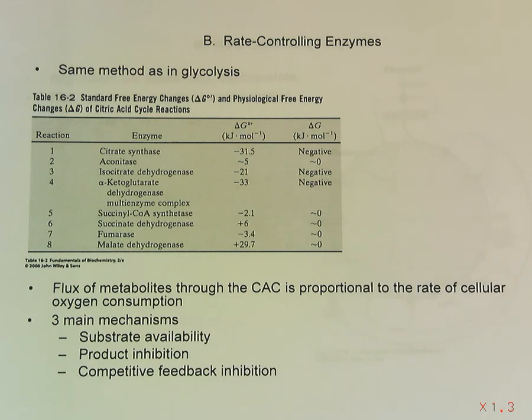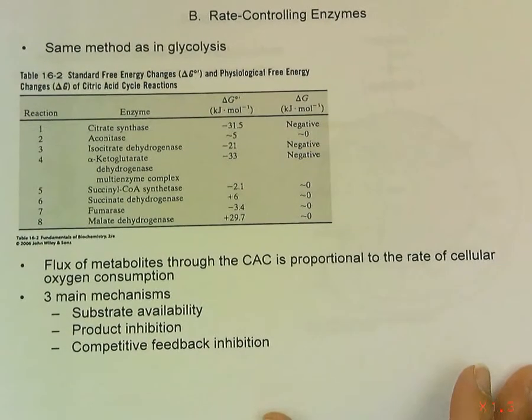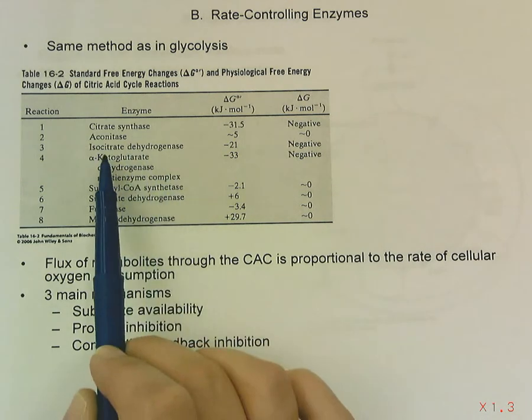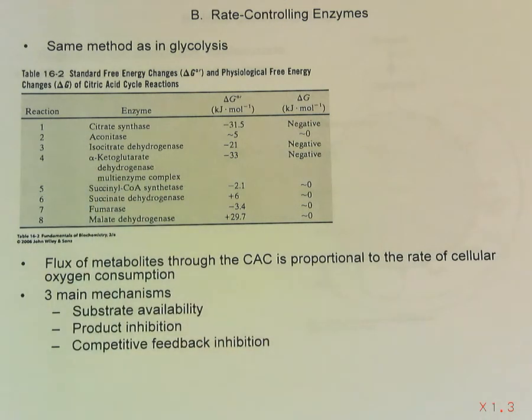In the citric acid cycle, there are really 3 possible rate determining steps. Citrate synthase, isocitrate dehydrogenase, and the alpha-ketoglutarate dehydrogenase multi-enzyme complex are the 3 that have negative delta Gs. The rest of them operate at around 0.